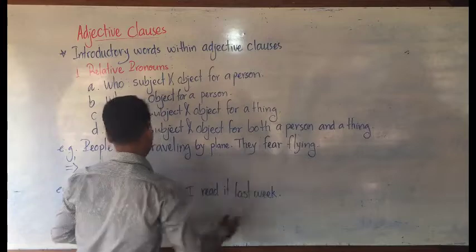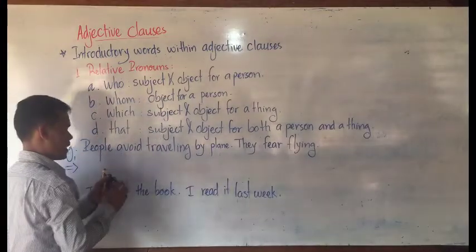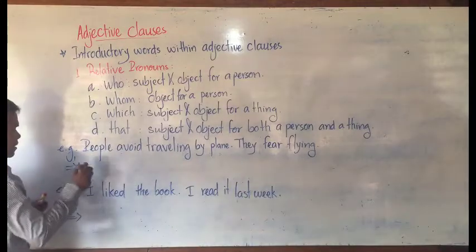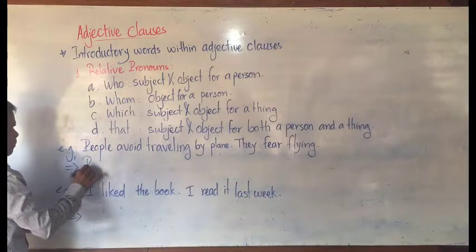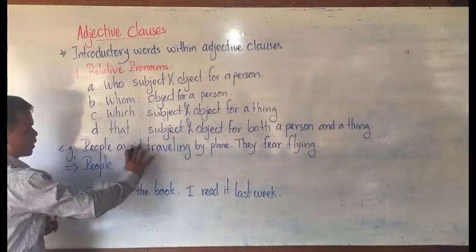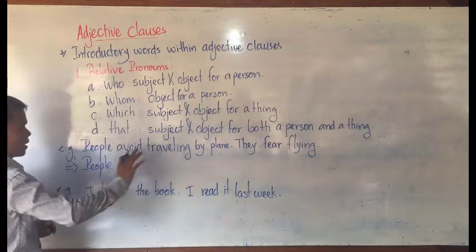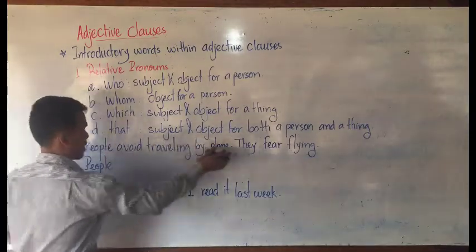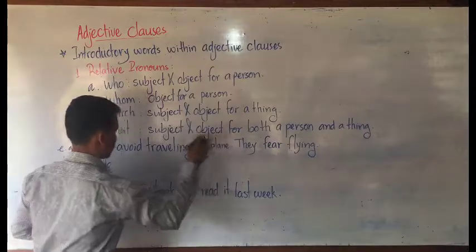They fear flying. "People" and "they" are the same thing. That's why we use "people" as an antecedent. And from the predicate of "avoid" here, we take it out and insert "they fear," but "they" here we replace with "that."